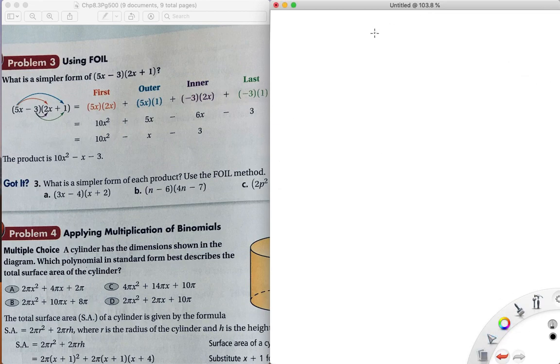So they give us 3 examples to use FOIL. We have 3x minus 4 times x plus 2. So 3x times x is, and I'm doing this mentally, 4x squared.